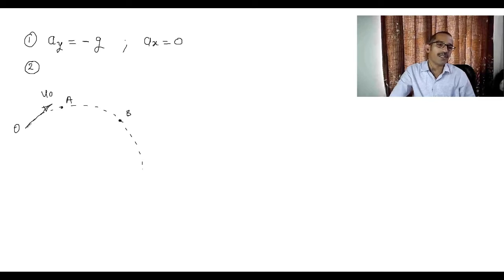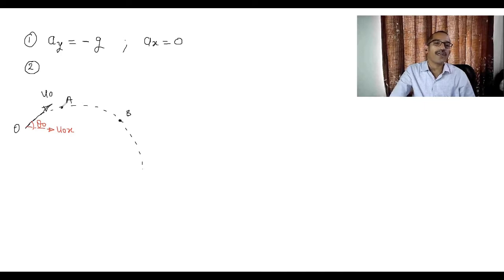This one is the velocity at point O, the initial velocity, inclined at theta 0. The horizontal component we get is u0x, which you can find as u0 into cos theta 0.